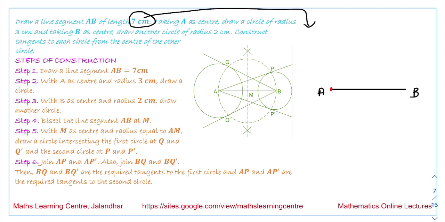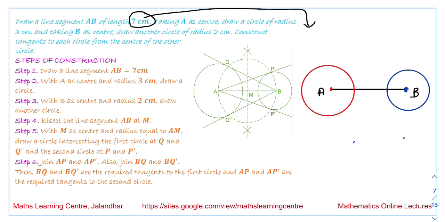We have drawn a circle over here whose radius is 3 centimeter. Then next, by taking B as a center, draw a circle of radius 2 centimeters. We are drawing a circle of radius 2 centimeters by taking B as the center.